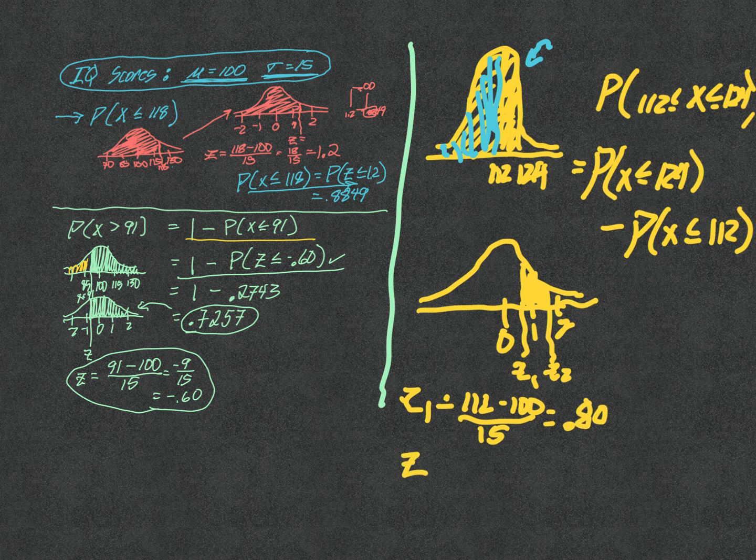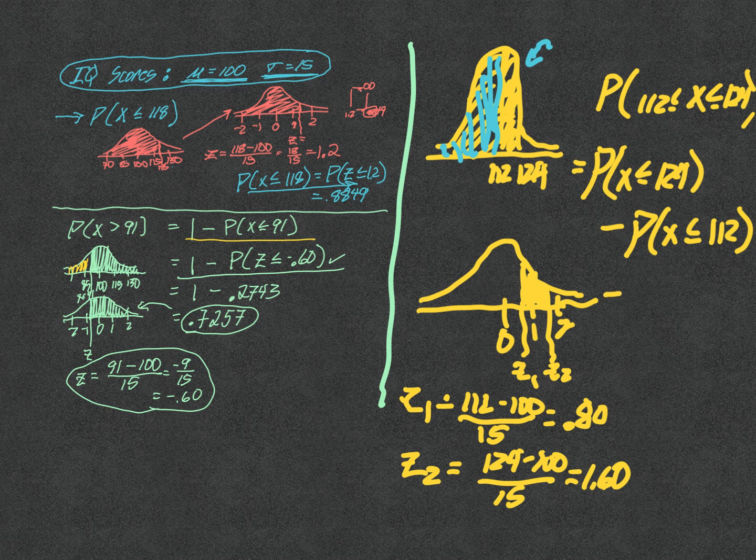And then z2 is equal to 124 minus 100 divided by the standard deviation, which is equal to 1.60, which is 24/15 or 8/5. All right. And so there's those numbers.